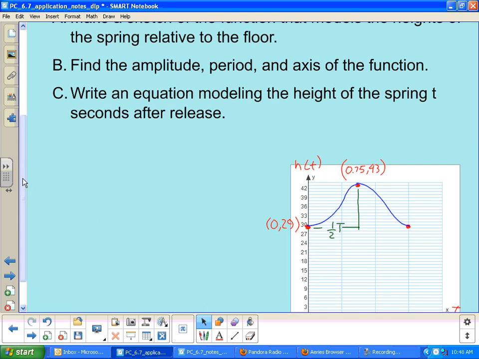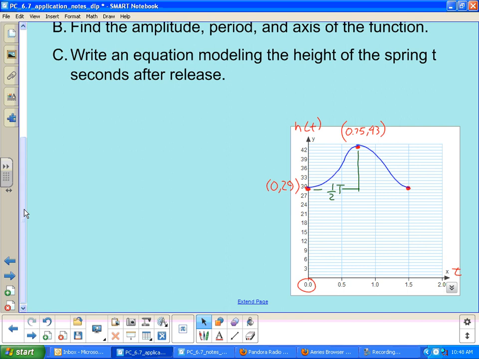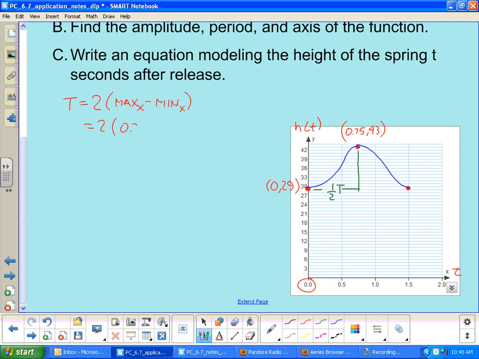We just said the period is equal to 2 times maximum x value, in this case, minus minimum x value. We go 2 times 0.75 minus 0, or 1.5 seconds. There's the time it takes to go through a full cycle.